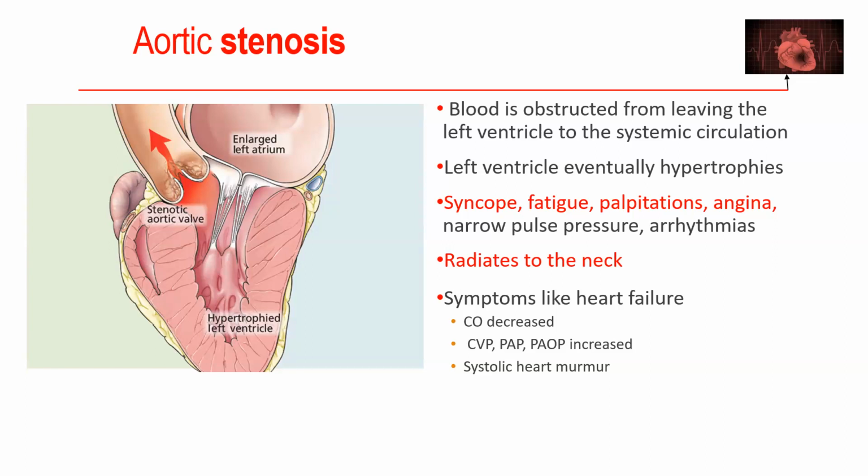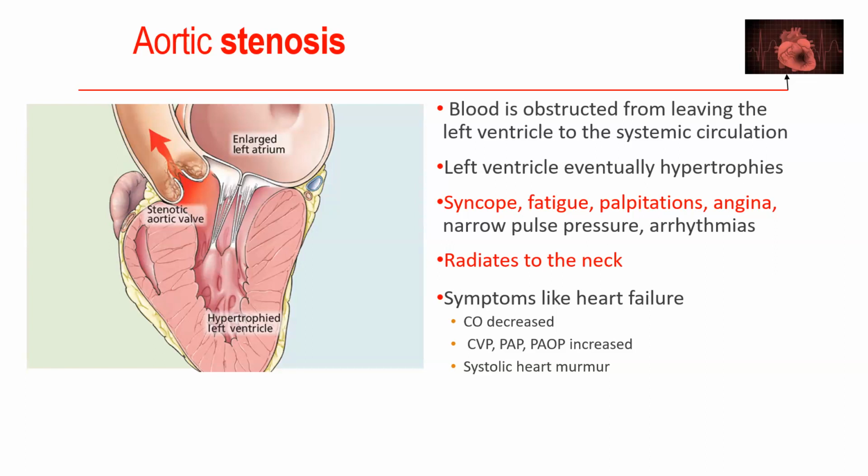So again, these kinds of patients will present with indications of failure to have an appropriate cardiac output or stroke volume. They have syncope, fatigue, they can have palpitations, but also the murmur is going to radiate up into the neck. So you can actually hear the murmur in the neck as well.